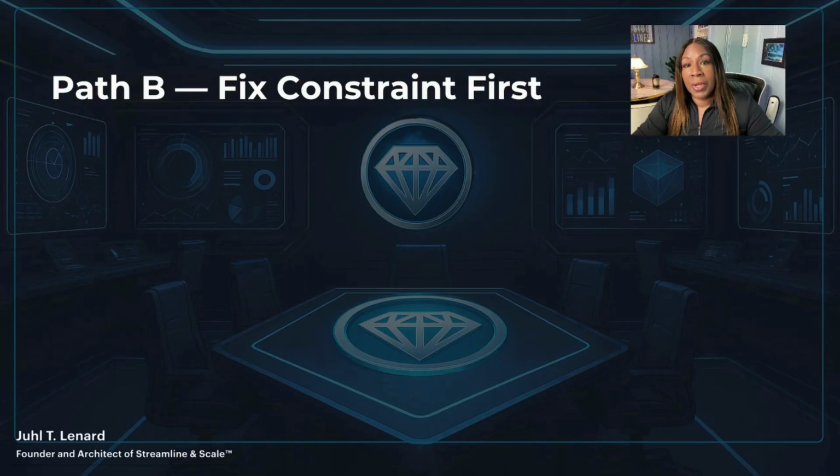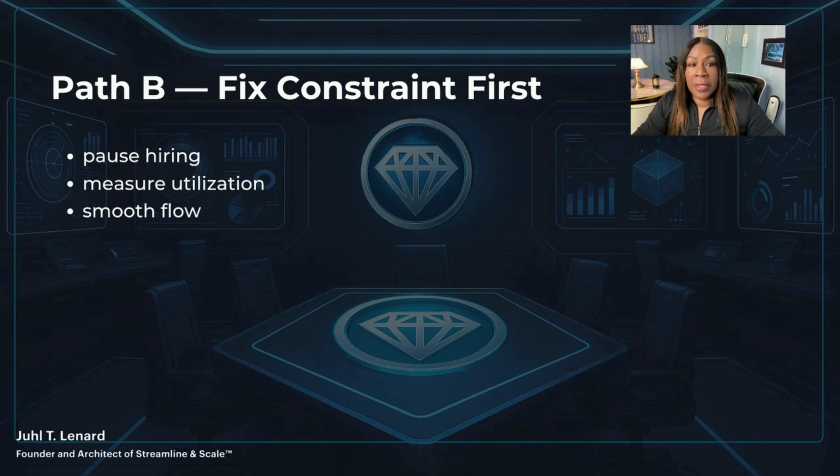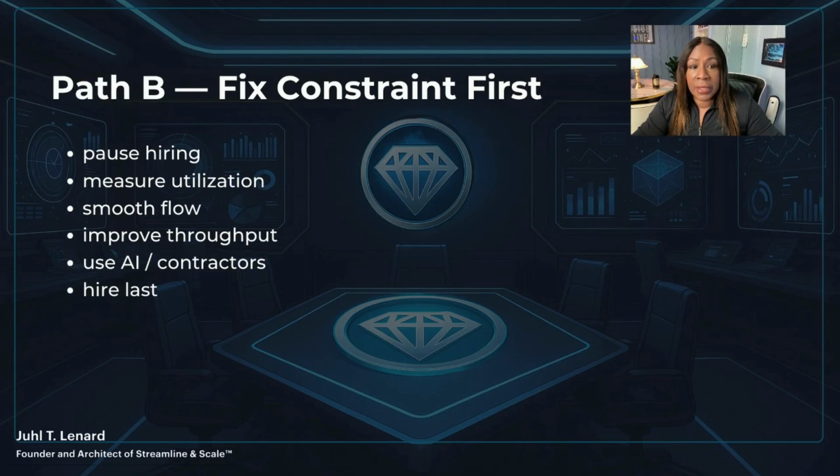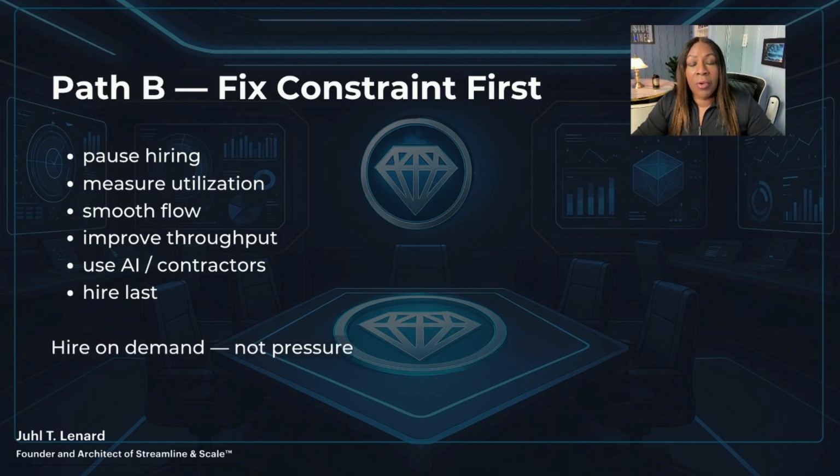If we fix the constraint first, we pause the hiring, measure utilization, smooth the flow, smooth the workflow, improve the throughput, and we augment resources with AI or contractors in the meantime until we can stabilize. Then we hire. So hiring is a last resort versus the next step. We hire on demand, not pressure.